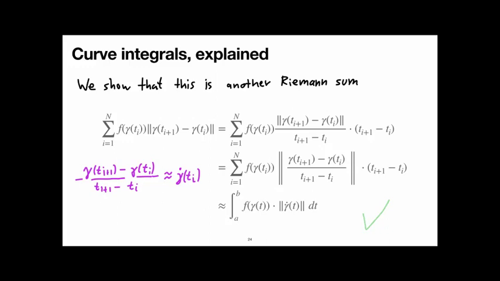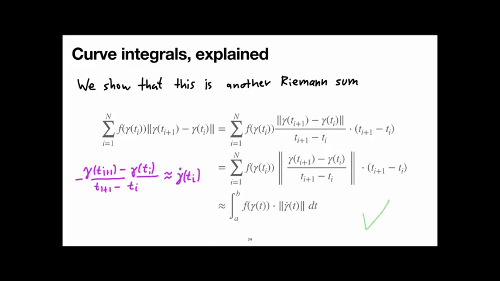I get that expression here: gamma ti plus 1 minus gamma ti divided by ti plus 1 minus ti. Now you see, inside this magnitude, I've got a difference quotient. And as the difference between ti plus 1 and ti gets smaller and smaller in the limit, I get the magnitude of the speed.